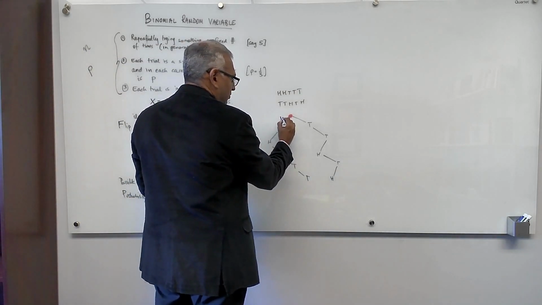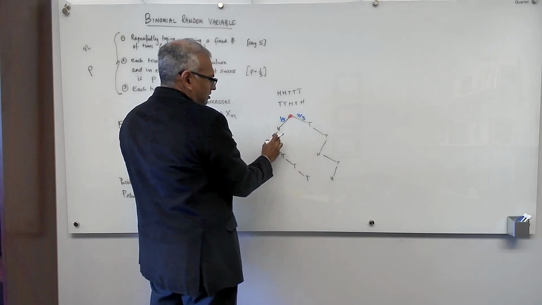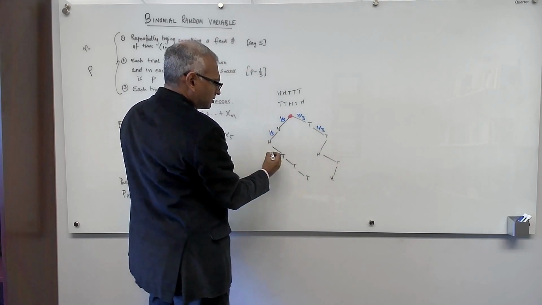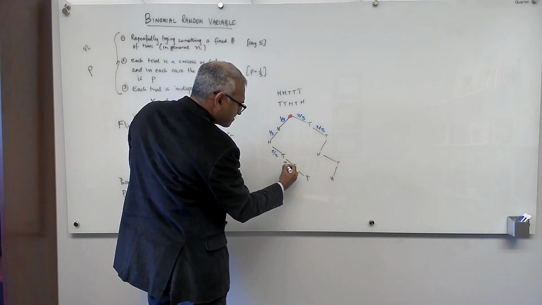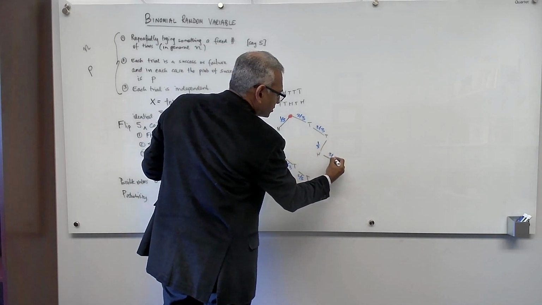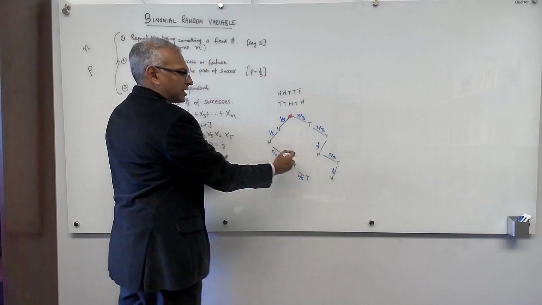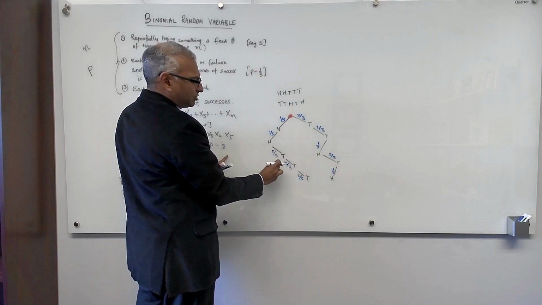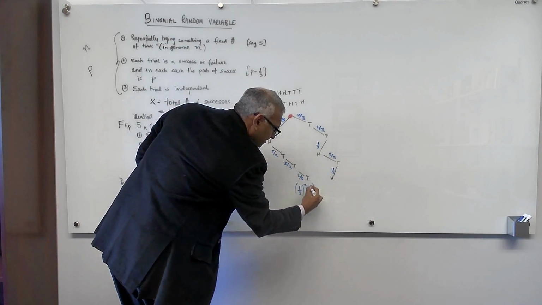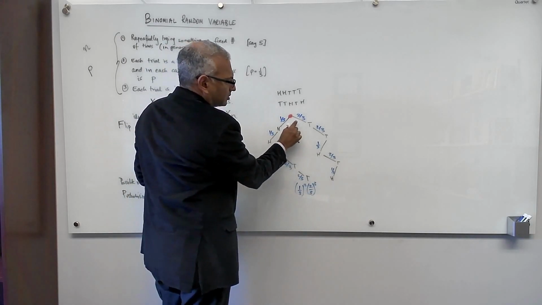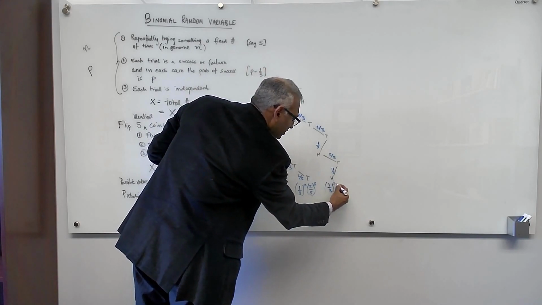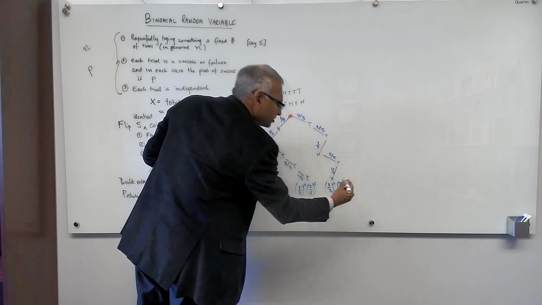So we succeed with probability 1/3, and fail with 2/3. Multiplying the edge probabilities along the first path, I get 1/3, 1/3, 2/3, 2/3, 2/3, so 1/3 squared times 2/3 cubed. Along the second path I get 2/3, 2/3, 2/3, 1/3, 1/3, the same value, 1/3 squared times 2/3 cubed.